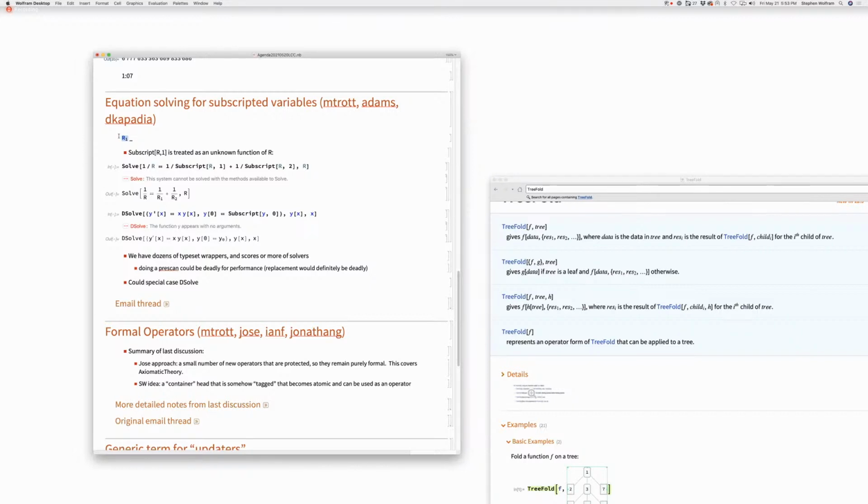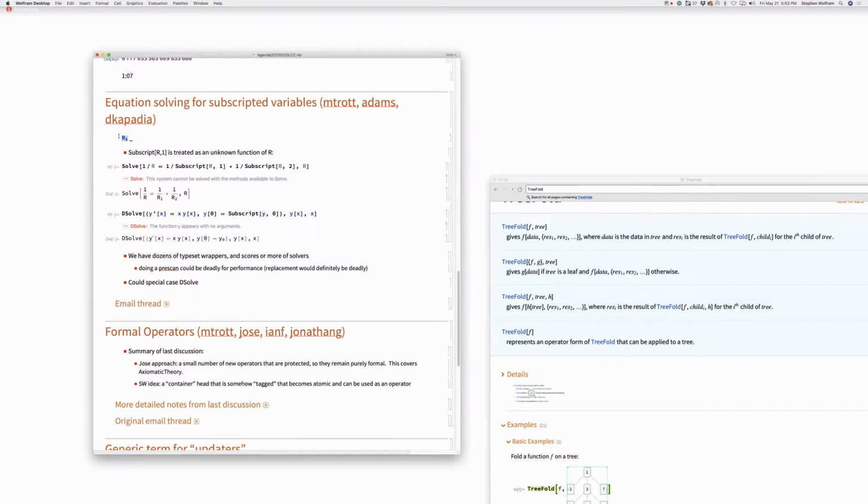But there are several different issues here. One is, can we use subscripted variables as pattern variables? That's one thing. Second is, under what circumstances is R sub 1, for purposes of Solve, for example, just a black box blob? Let me point out that we have literally dozens of such things.